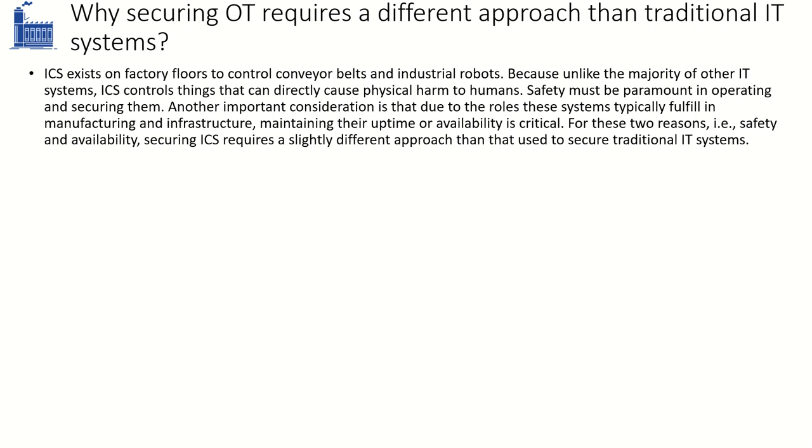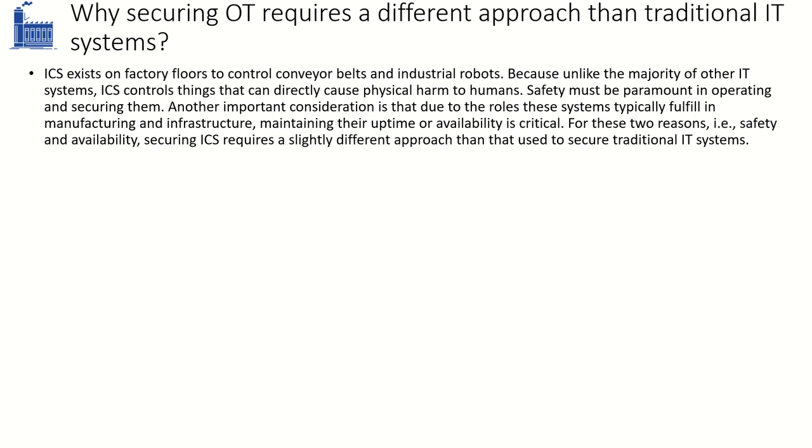Now, since this industrial control system is controlling processes that can directly cause harm to human life, safety is of utmost importance in operating it. Unlike an IT organization, where you are just dealing with information and virtual processes. In an IT organization, if you implement a wrong security control, at the most you will cause downtime, but there will be no loss of human life.